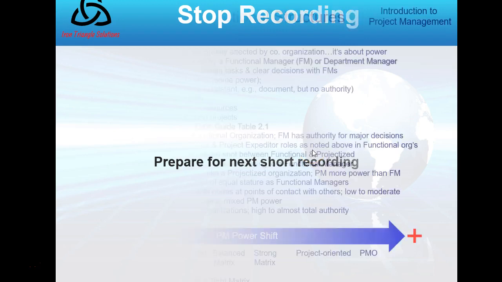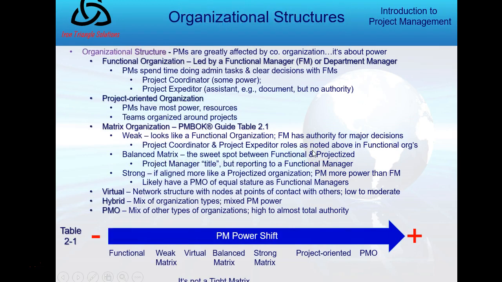Also, final notes, a nickname for a functional organization is a silo organization, because it's like a silo you see on a farm. It's straight up and down largely. You might have all nurses working for one functional manager, all doctors working for another functional manager, and all administration working for another functional manager, for example. Projectized organization is often referred to as no home.